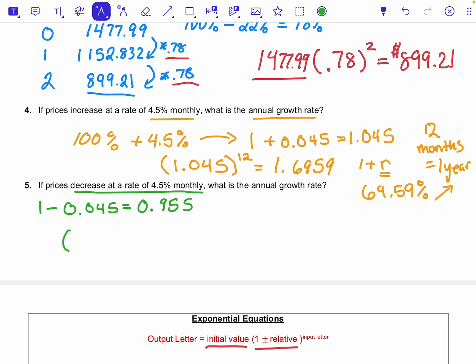So just like last time, I'm going to take that factor and multiply by it 12 times throughout the year. And so instead of multiplying 12 different times, I could just instead multiply by 0.5755.